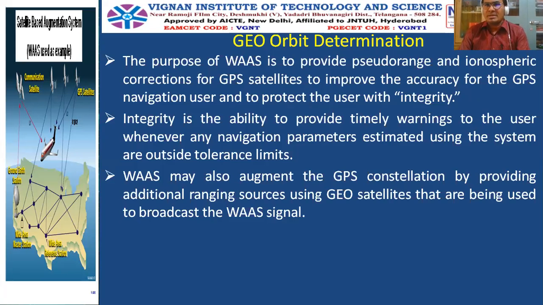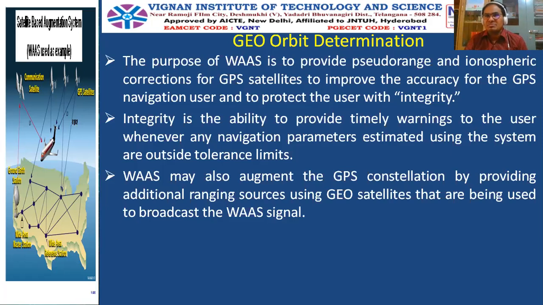This is the main purpose, as you have been studying from our unit 4 beginning. So, pseudo range corrections and also ionospheric corrections if any for a GPS satellite. This is to improve the accuracy of the GPS navigation and to protect the user with integrity.